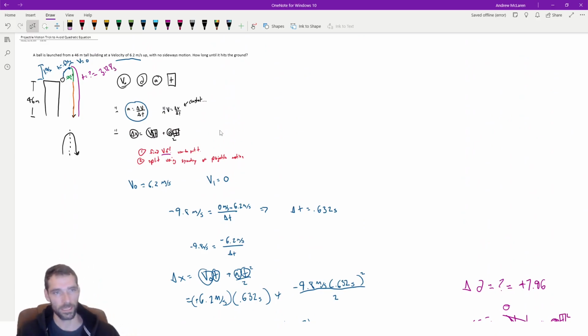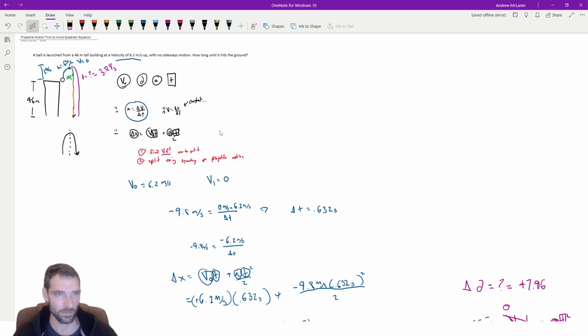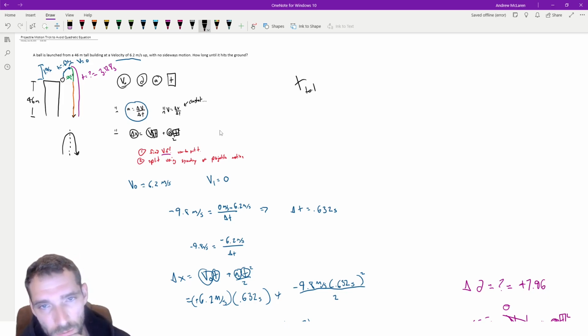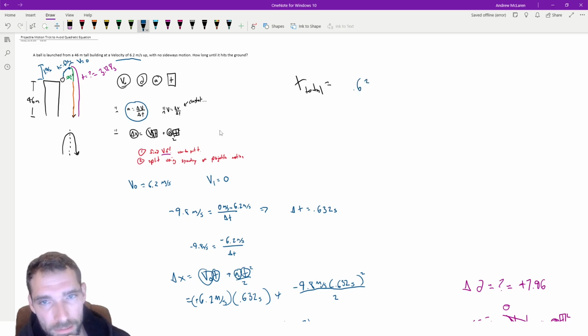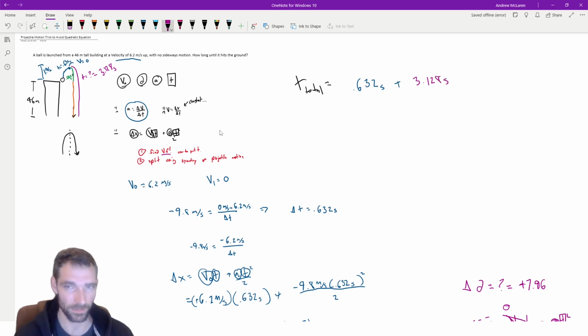So we now know the time that it took to go up to that top point and the time that it takes to fall down. So the t total is just the addition of those two. The 0.632 from the part of the motion that I've got written in blue, plus 3.128 seconds from it falling down.